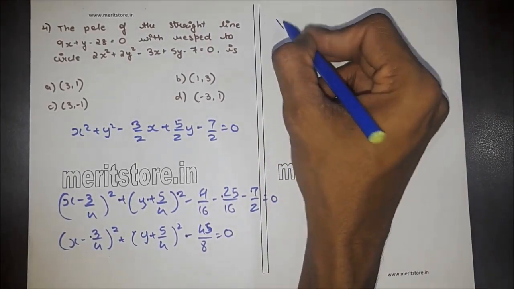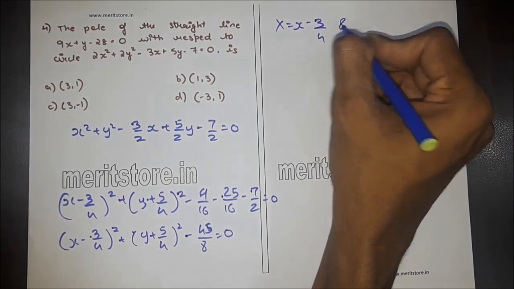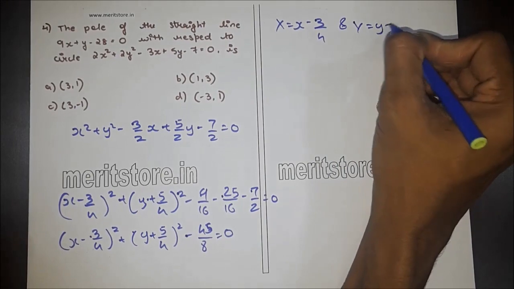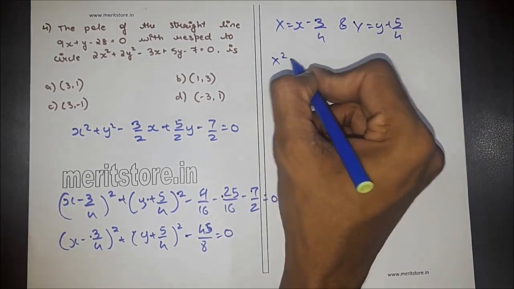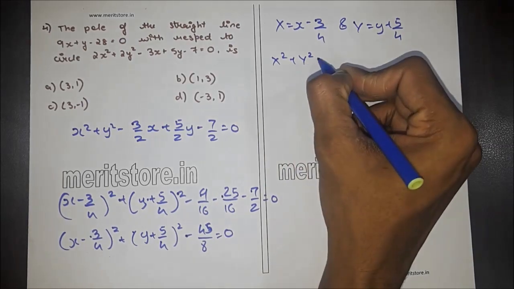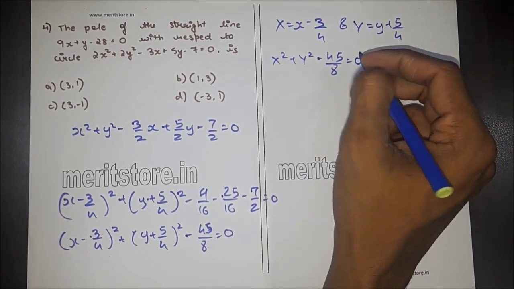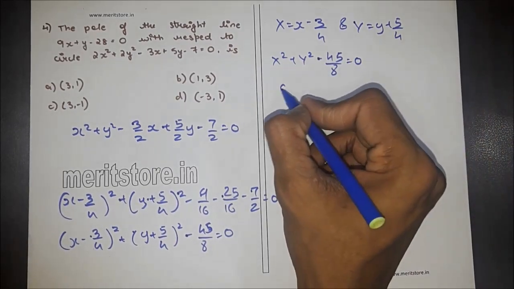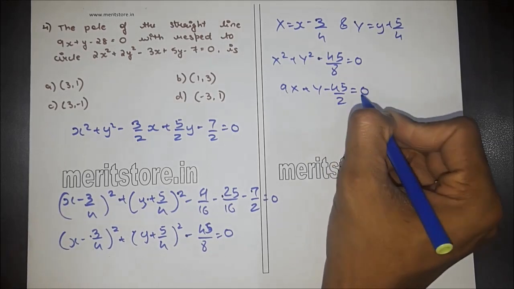We put X equal to x minus 3/4 and Y equal to y plus 5/4. We get the equation as X² plus Y² minus 45/8 equal to 0, and the line we get as 9X plus Y minus 45/2 equal to 0.